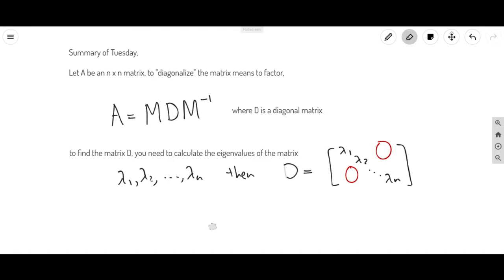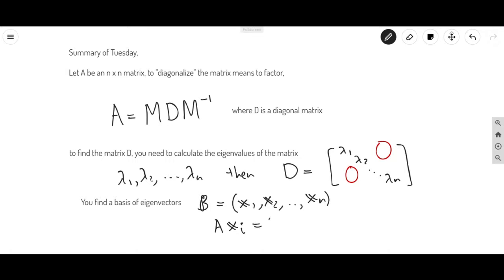And then what you do next is you find the basis of eigenvectors for each eigenvalue. So you need to find some kind of basis consisting of these eigenvectors, and you want that A x_i is going to give you lambda_i x_i.